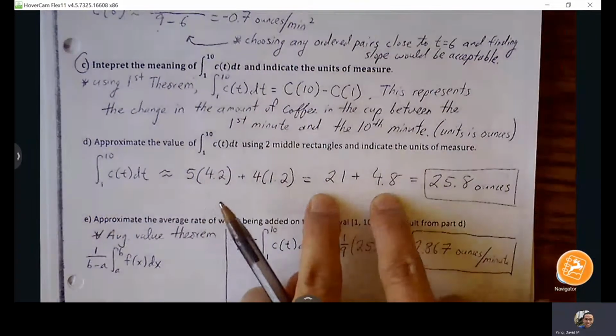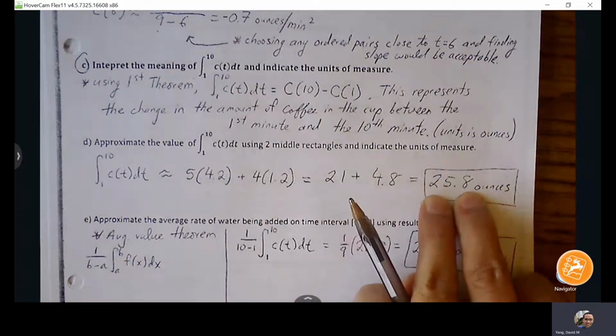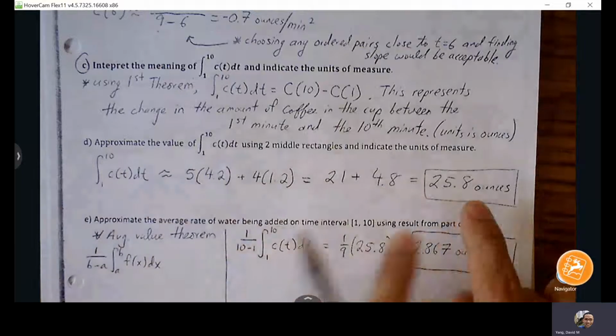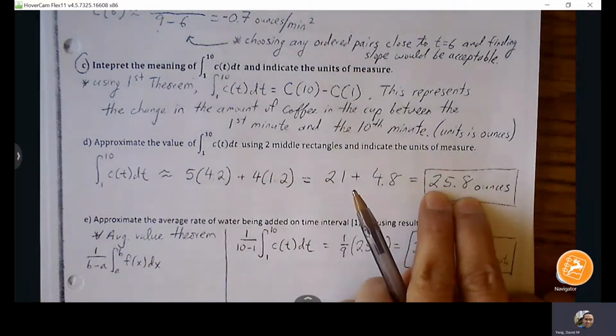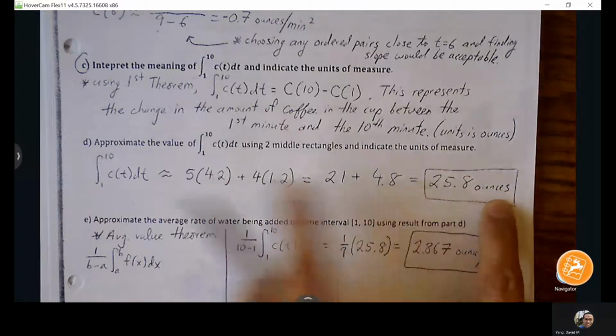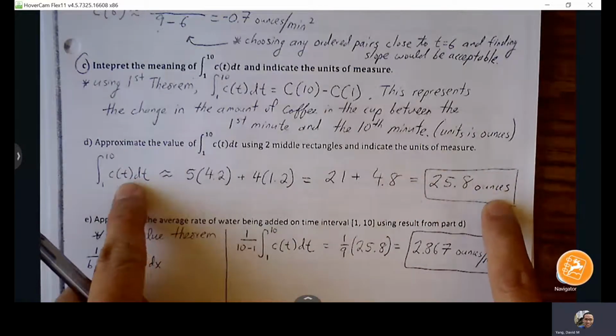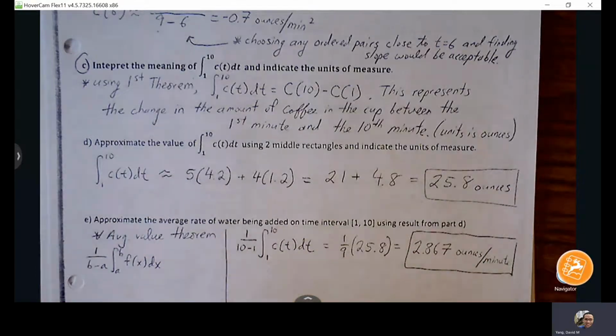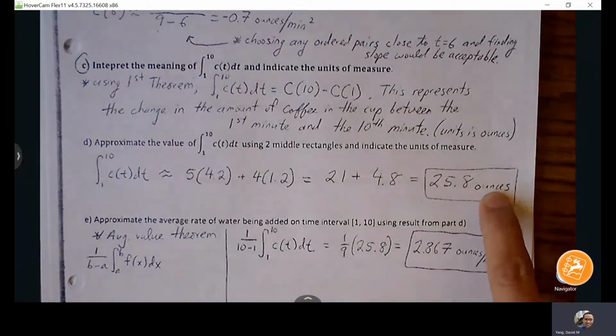We get 21 plus 4.8, which is 25.8 ounces. So between the 1st and 10th minute, approximately 25.8 ounces of coffee was added to the cup. Notice the unit changes. c of t was ounces per minute, but after we accumulate it over that time period, it becomes ounces.